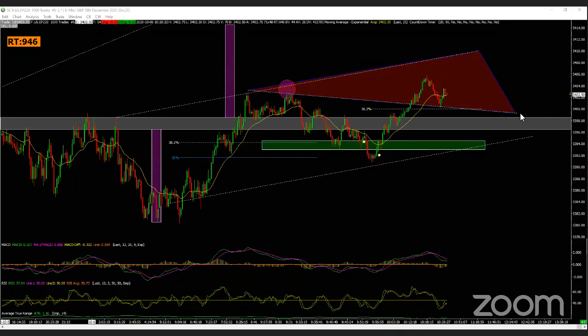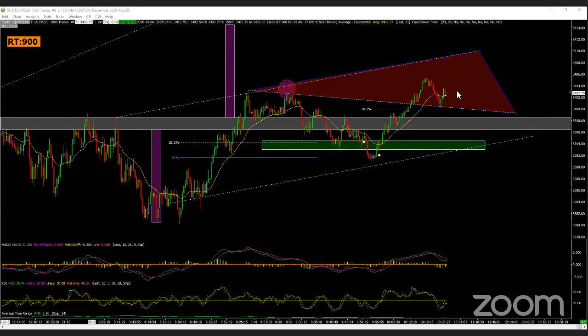So we see they're failing right here, right? The buyers are failing. The bears are going to try to retest that low.